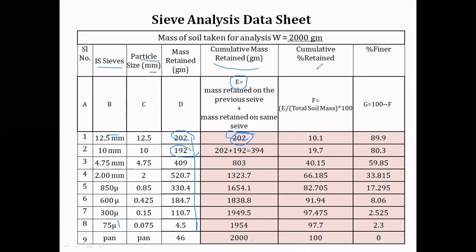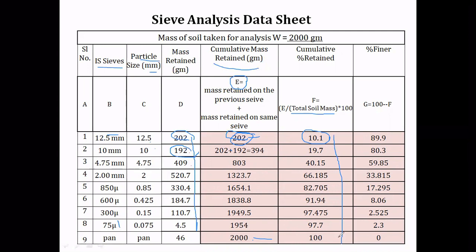Then cumulative percentage retained. Column F is calculated by using the formula column E divided by total soil mass into 100. So for the 12.5 mm sieve, the percentage retained will be equal to the value of E, that is 202, divided by total soil mass 2000 into 100, which comes out as 10.1.